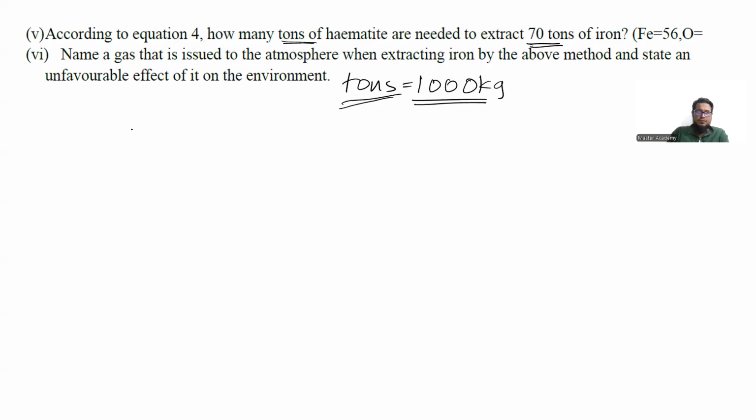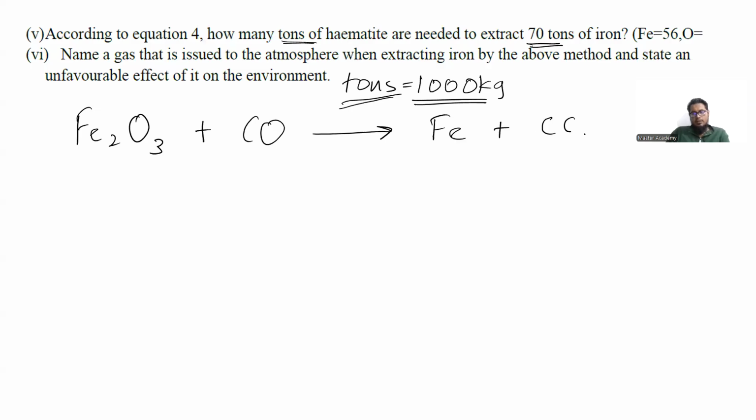For this question, first we have to write the equation. Hematite formula: Fe2O3 plus carbon monoxide forming Fe plus releasing carbon dioxide.